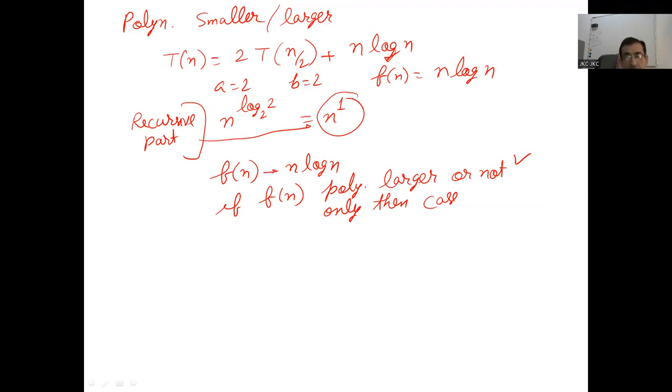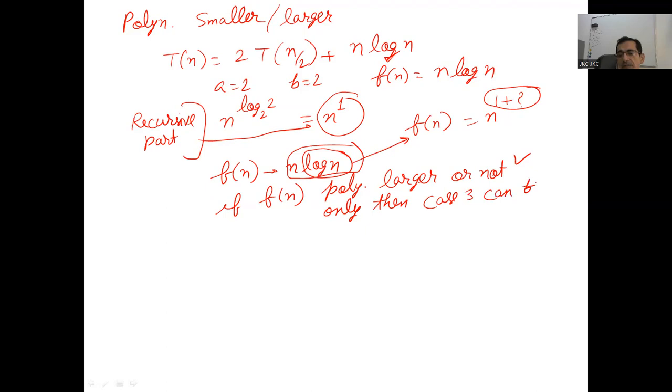Then Fn is not only n^1, it has this log n along with it. So my Fn is n^1, and I don't know whether a plus something is possible or not. This is what I want to see by comparing. Then case 3 can be used.